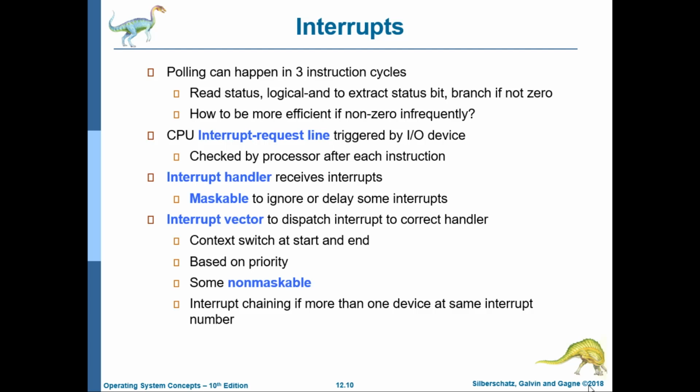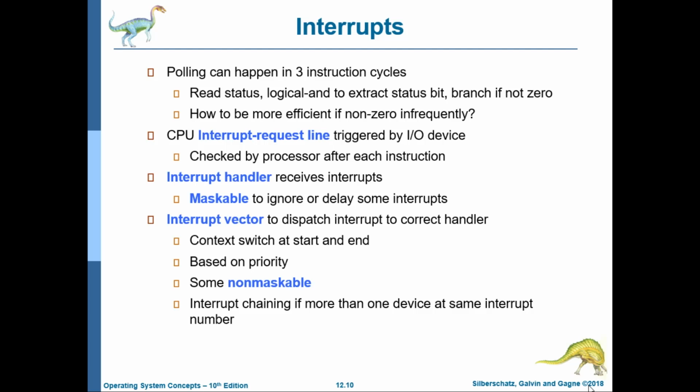So how do we be more efficient if non-zero is infrequent? Arrange for the hardware controller to notify the CPU when the device becomes ready for service, rather than requiring the CPU to poll repeatedly for I/O completion. By means of that, you are going to use interrupts.